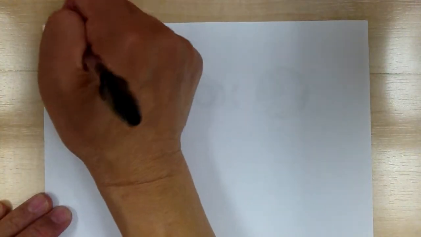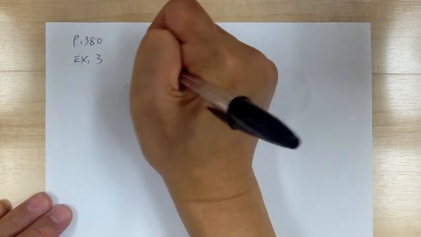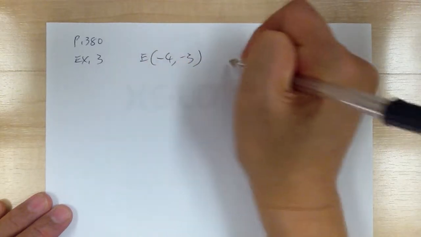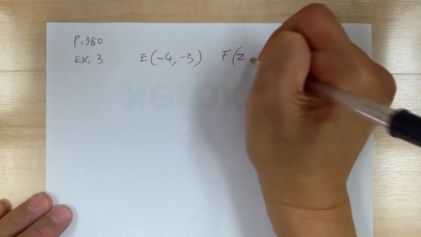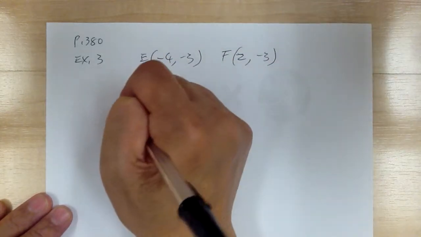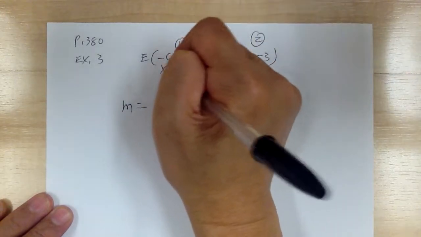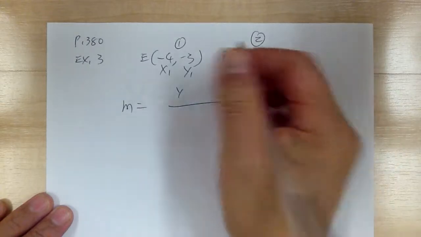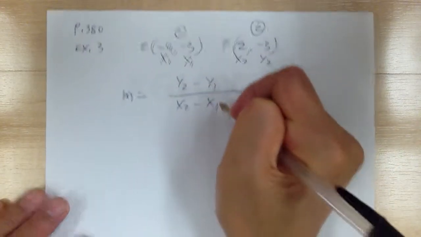Okay, let's go to example 3. So you have point E at negative 4, negative 3, and you have point F at 2, negative 3. So again, slope equal to y2 minus y1 over x2 minus x1, with point 1 and point 2 as x1, y1, x2, y2.